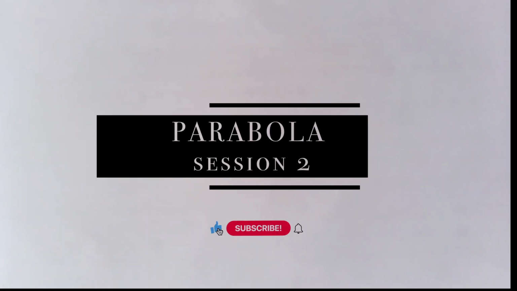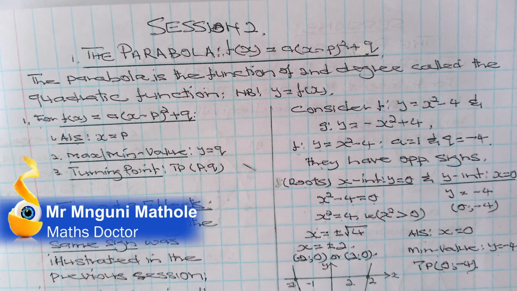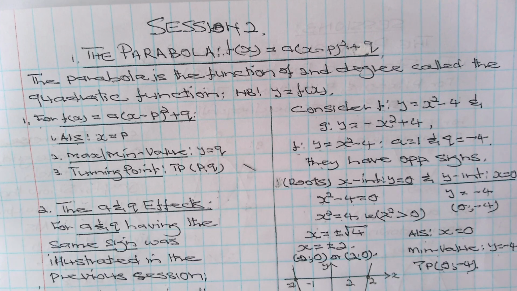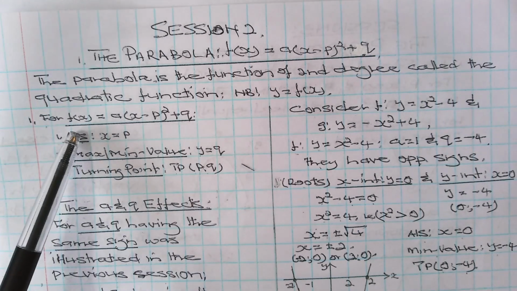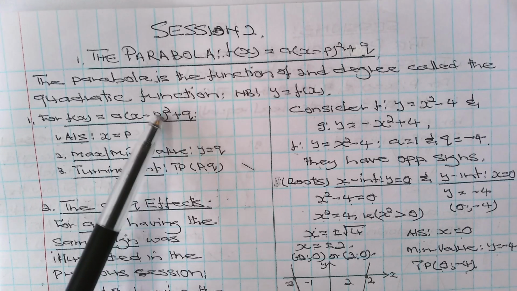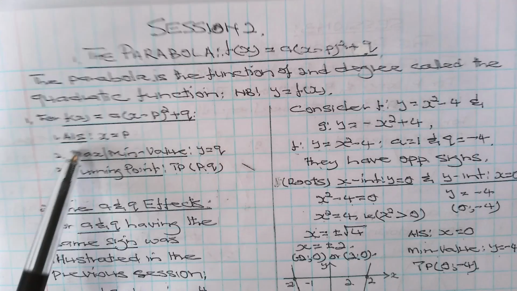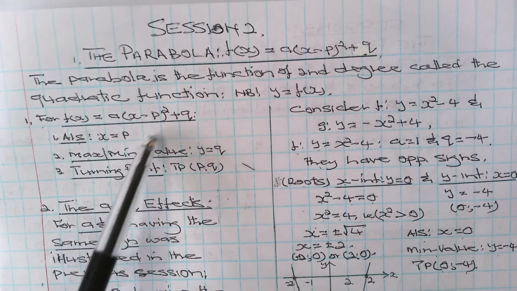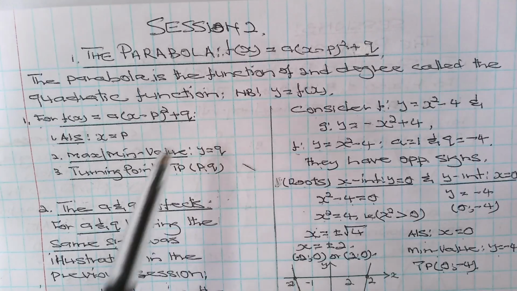This is session 2 of the parabola. From session 1, we dealt with the following. For f of x equals a(x minus p) squared plus q, where the axis of symmetry is p and the minimum or maximum value is q.